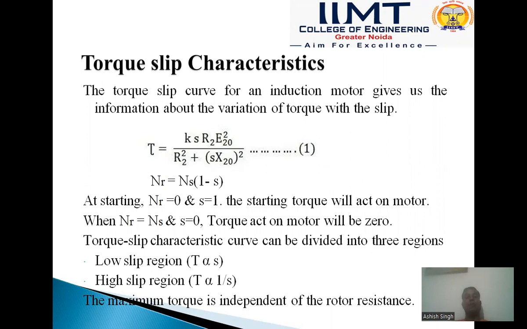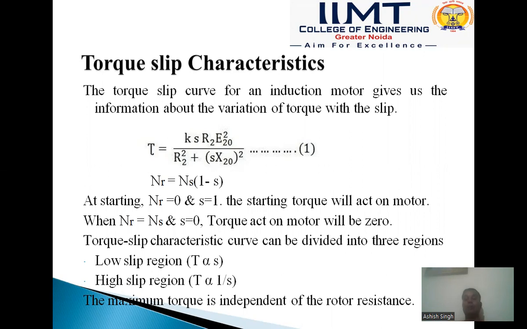And when we put s equals 0, the value of rotor speed equals Ns. It means when the slip of a three-phase induction motor is 0, at that time the speed of the rotor is equal to the synchronous speed.